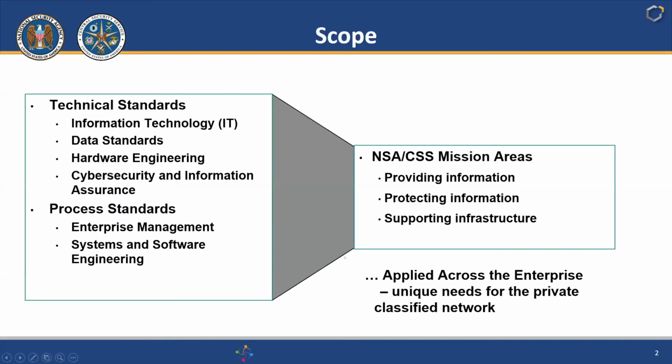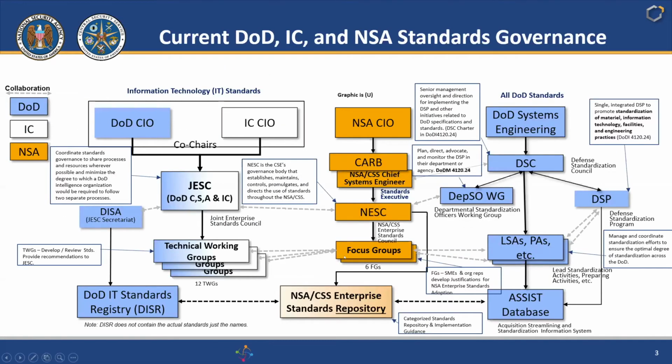So I am on slide 3. To tell you a little bit about how we do that here at NSA, we structured ourselves pretty much in the same manner as the governance structures are. If you're looking at the slides, I'm going to go down the middle column, which is all orange, and explain. The NSA CIO is responsible for the overall standards program.